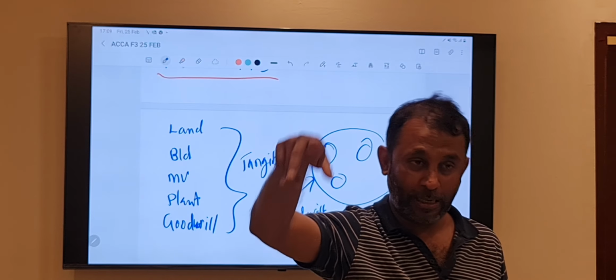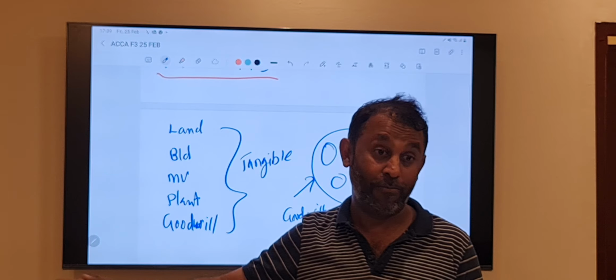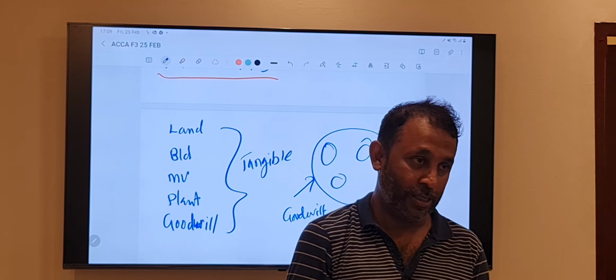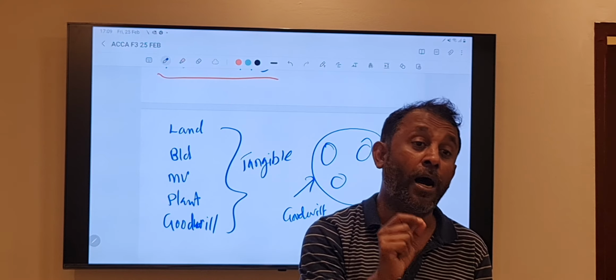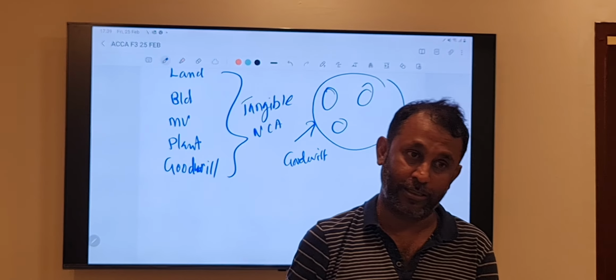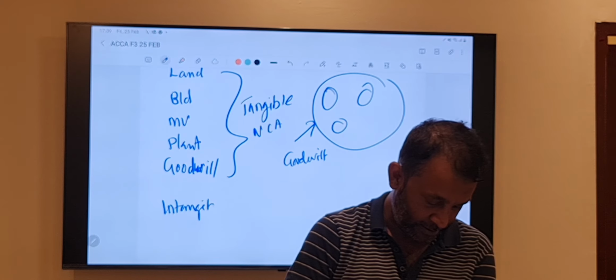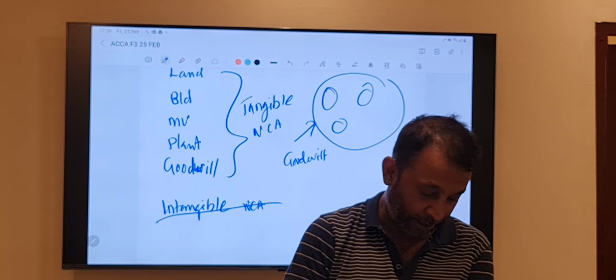When you go inside Almaraf, it's the same thing that another shop has, but the name they have built. So that's the good. Understood. So one example of non-current asset is tangible non-current asset. Another example is intangible non-current asset.